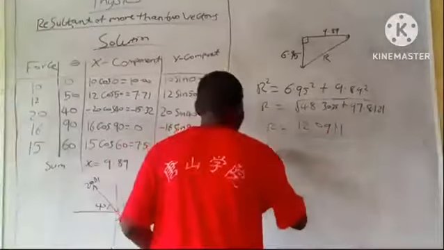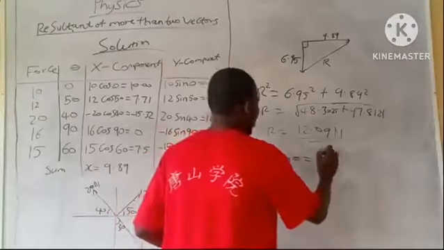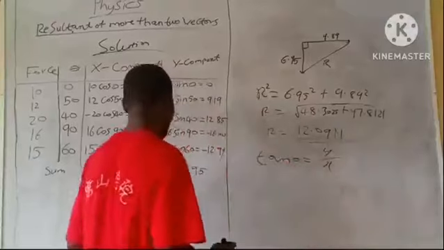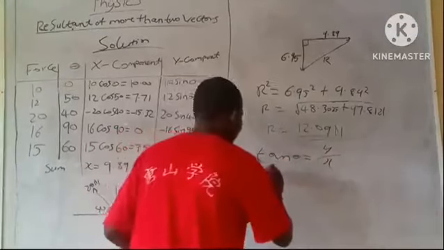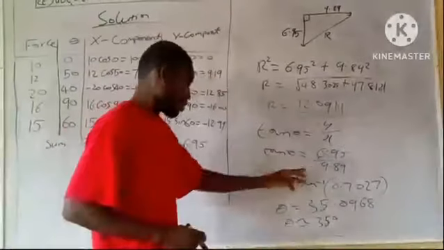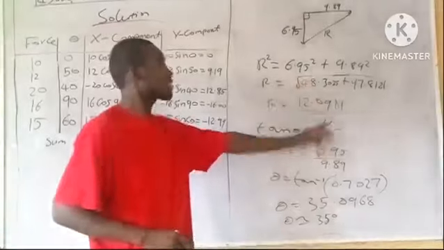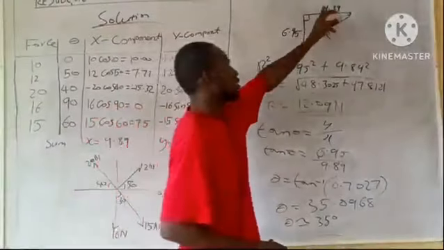Now how do you get the direction? You say that tan theta is equal to y over x. And this is your y and this is your x.